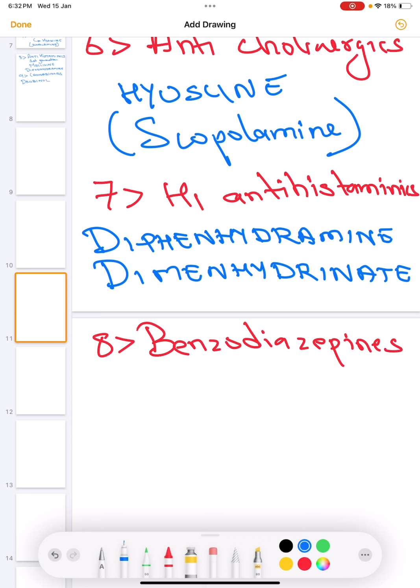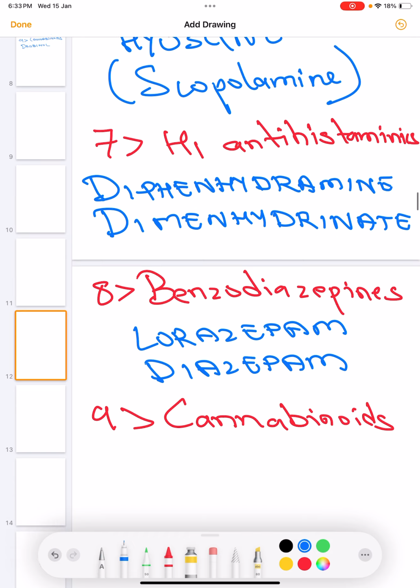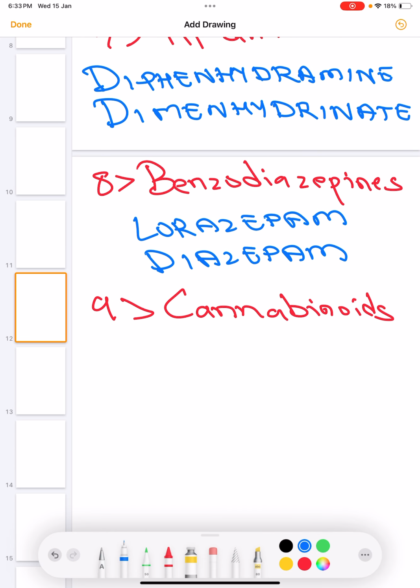For example, lorazepam, diazepam. Ninth class of drugs is cannabinoids. The drugs are dronabinol and nabilone.